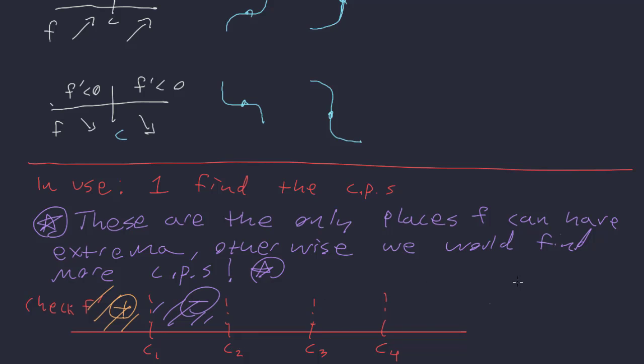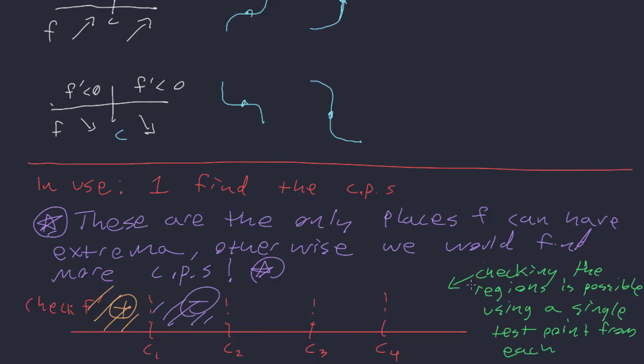Okay? So we can check each region individually, and that will tell us about what's happening in the entire split that we've made. In other words, checking the regions is possible by using a single test point from each.